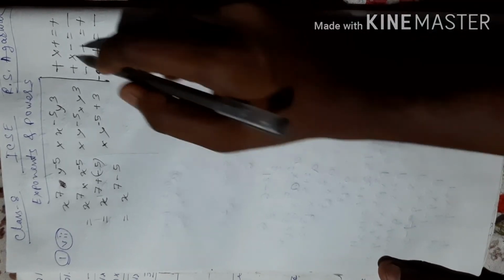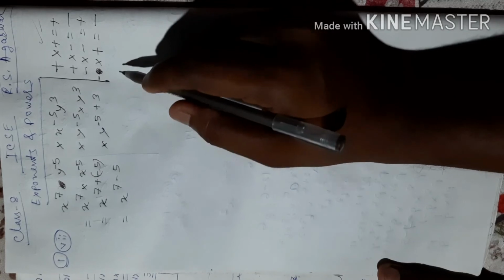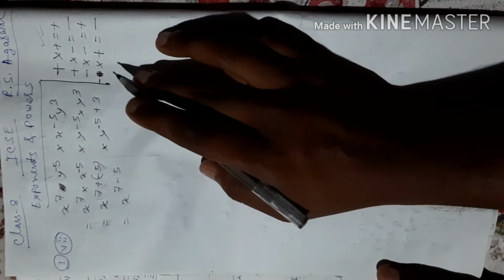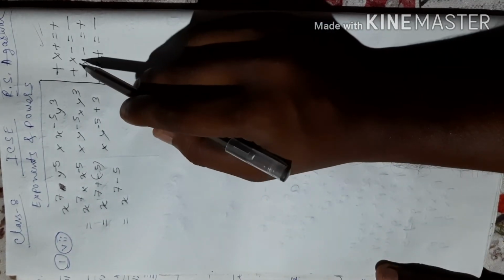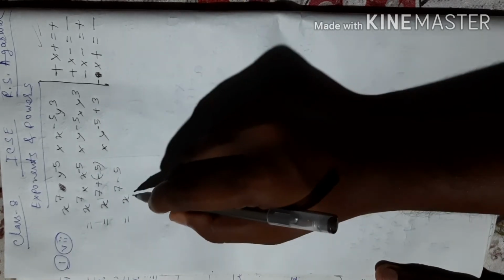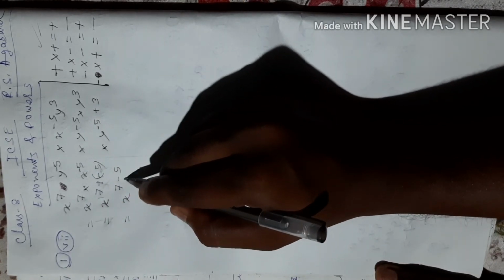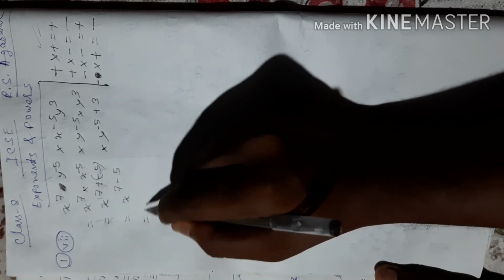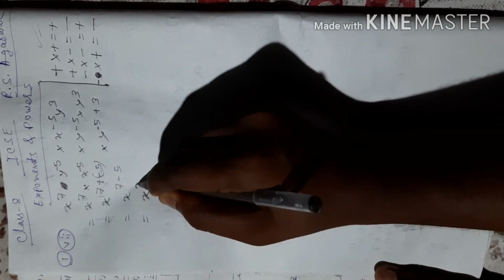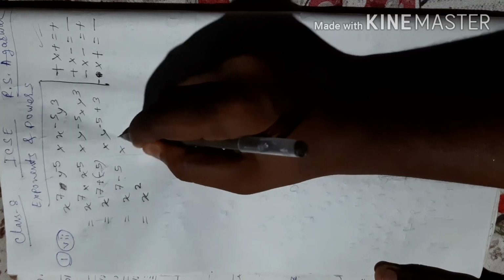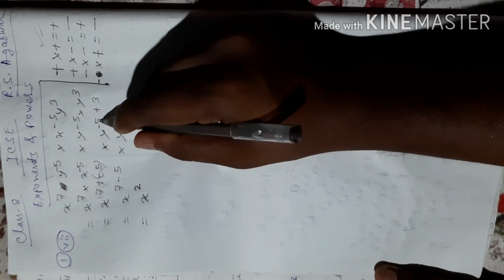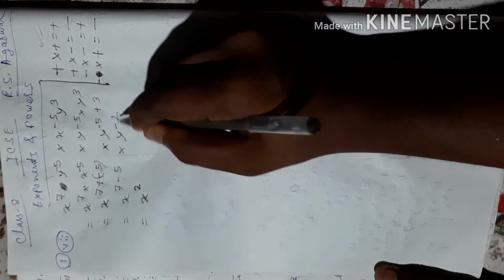Okay, so here are the four formulas, the algebraic four formulas when we multiply the signs. So plus multiplied minus, then we get minus. So x power 2, y power minus 5 plus 3, minus 2.